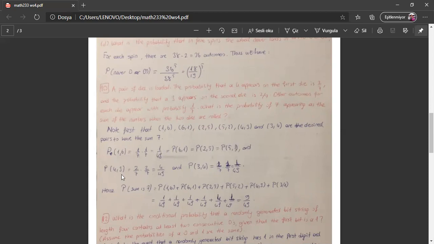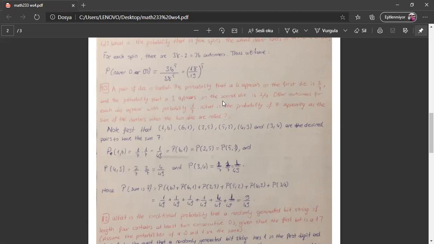What about this? Remember, 4 appears on the first die with this probability, so we write 2/7. And for 3 on the second die, it's the same as with 4. So we have this probability for that. And these have the same probability as these ones, because here we have 3 on the first die.